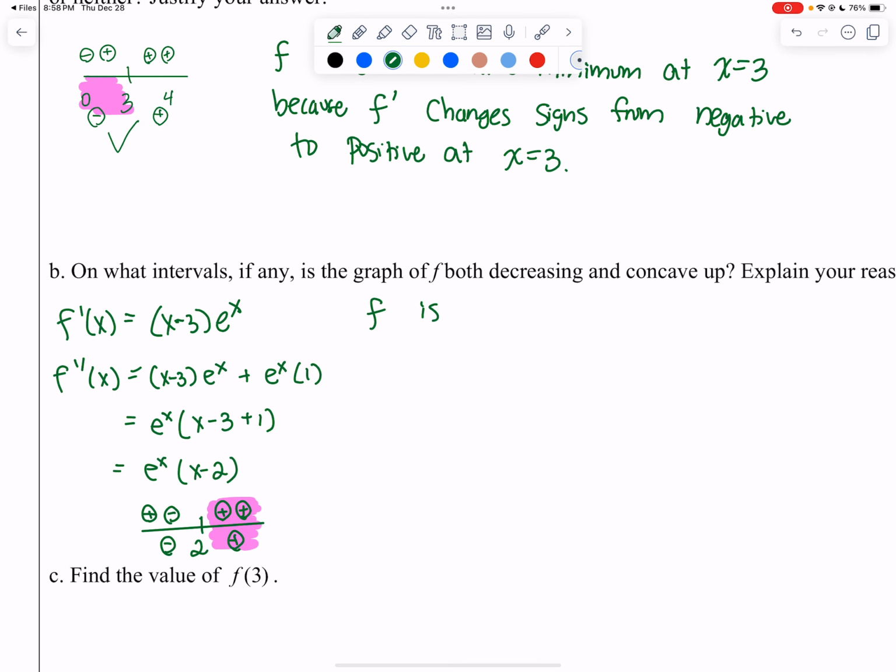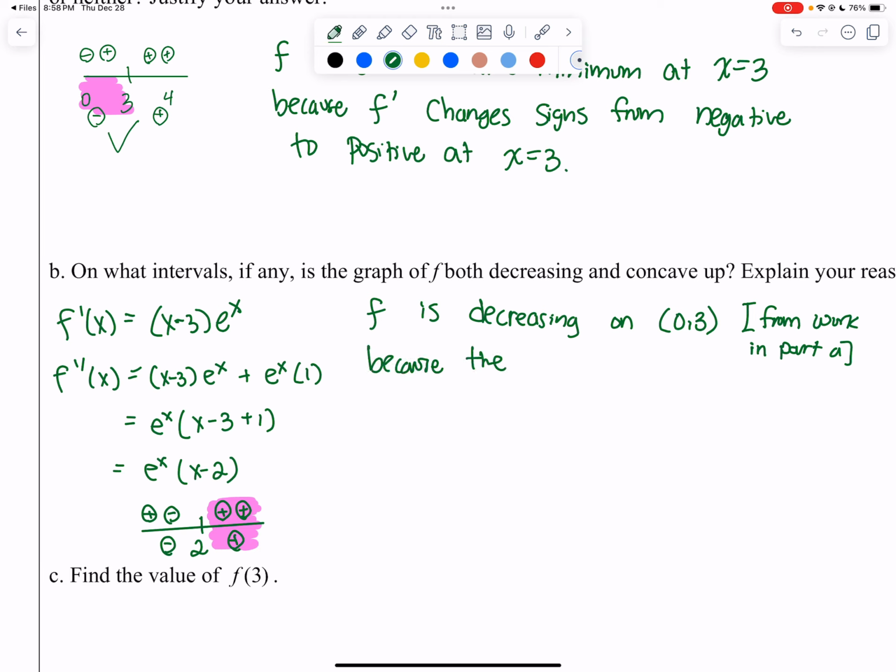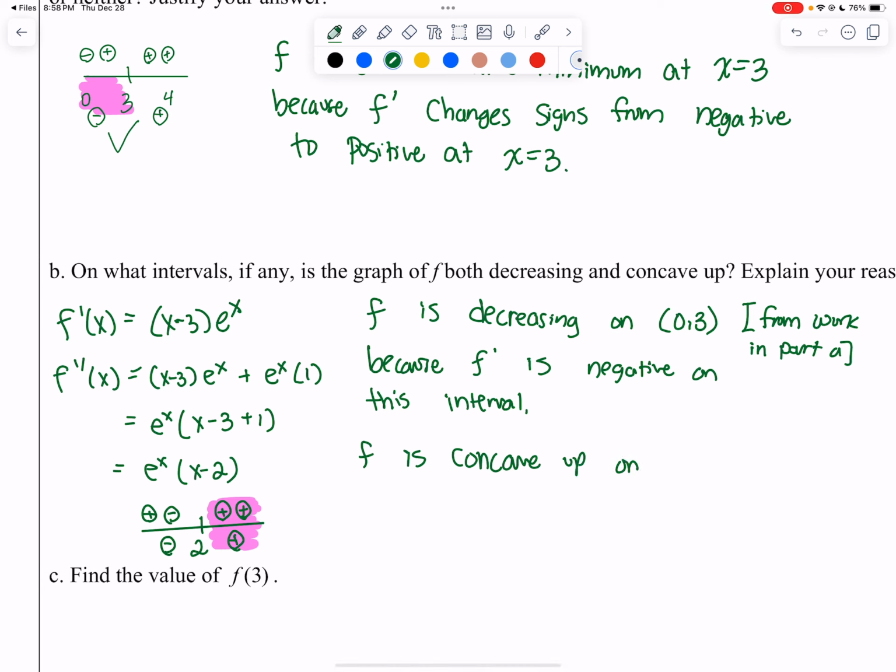So f is decreasing on 0 to 3, and this is from work in part A, because f prime is negative on this interval. f is concave up on 2 to infinity because f double prime is positive on this interval.